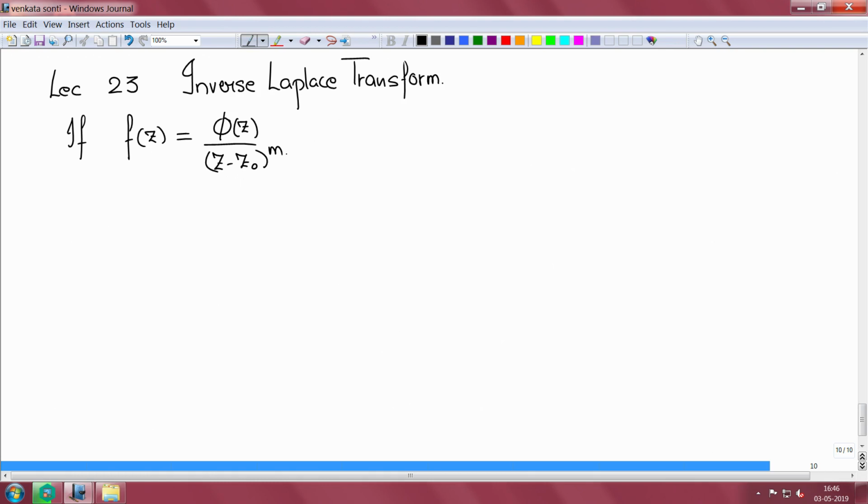Then if m is equal to 1, then the residue of f of z at z equal to z0 is simply phi at z equal to z0.